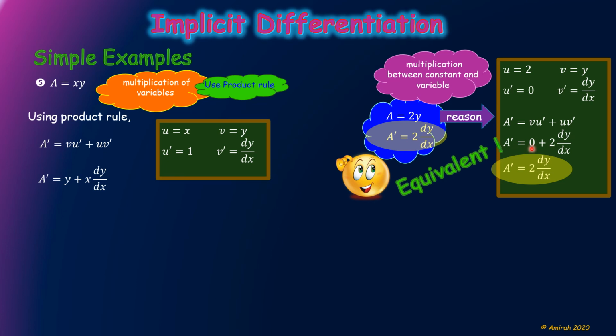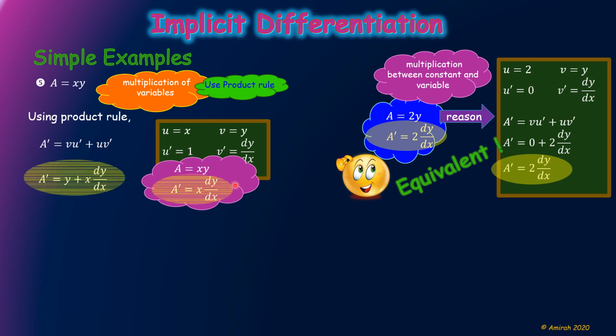But if we have multiplication of two variables, we cannot do it like this. We cannot just put the variable x in front. If we use this technique, we have x and then dy over dx here, and when we compare, the answer is not equivalent.